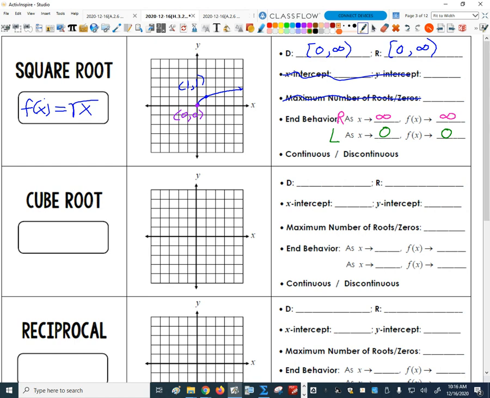We could have a discussion about this, and you could probably argue both ways, but I think that the notes are wrong on this one. In fact, I know they're wrong. Is this continuous or discontinuous?